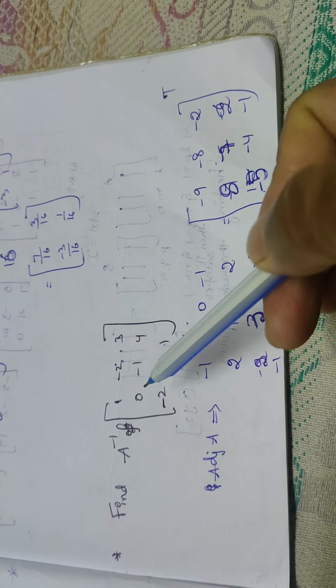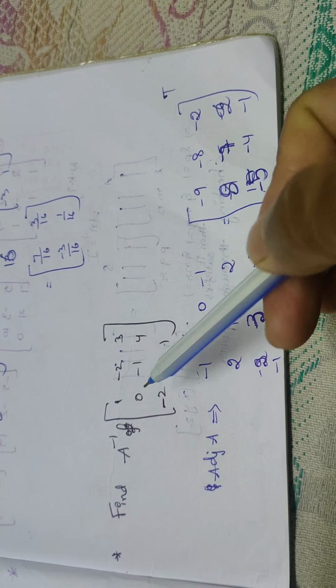See here, 6 into 3 is 18, 3 into 2 is 6, 10 into 1 is 10. If you add these resulting elements and the value becomes 1, then go for checking the other columns. Actually for the first option it is not 1, so this is not the correct answer.